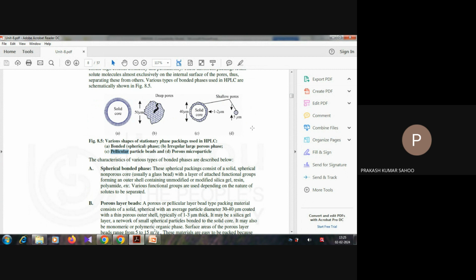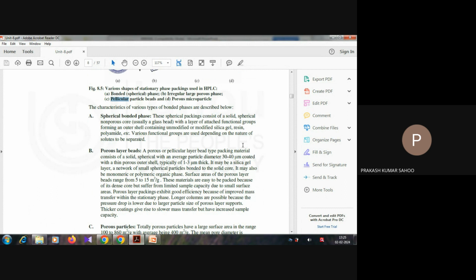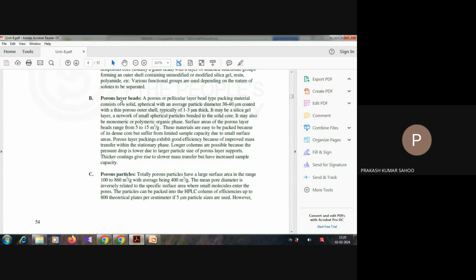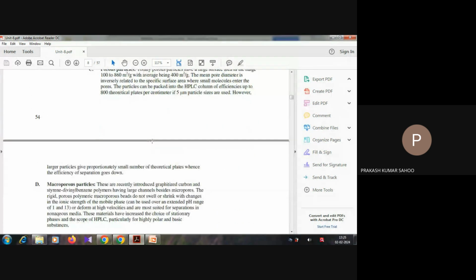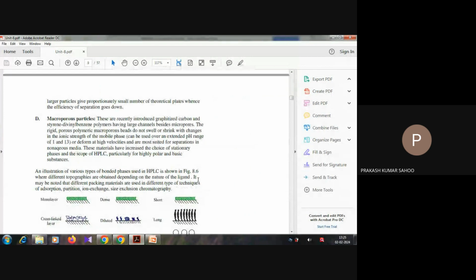Then we have the porous microparticle, that is the smallest one. Depending on the particle size of the packing material, there are spherical bonded phases, porous layer beads, porous particles, and macroporous particles.